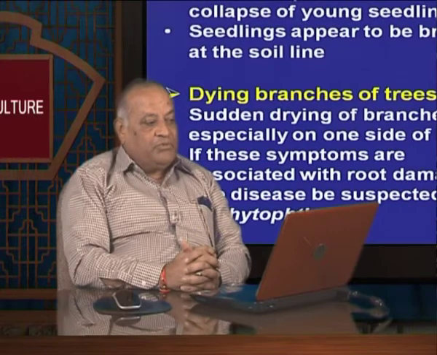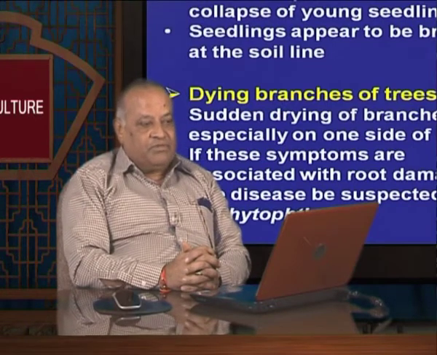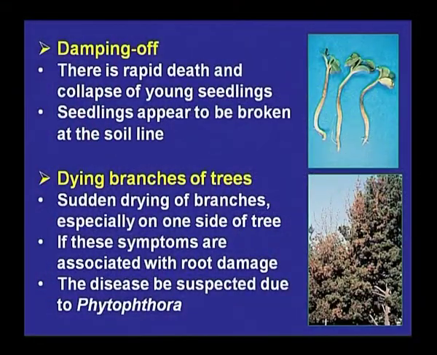Here I am showing you the damping off symptoms. You are seeing here the seedlings of the plants showing rapid death and collapse. The seedling appears broken at the soil line as is visible in the photograph. Then the drying branches of trees.